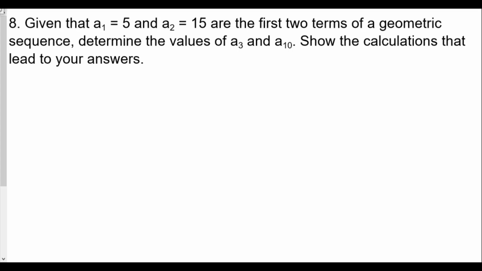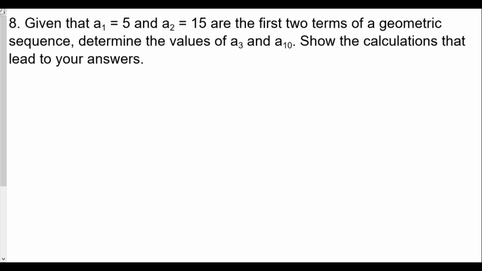So for number 8, given that A1 is 5 and A2 is 15 are the first two terms of a geometric sequence, determine the values of A3 and A10. Show the calculations that led to your answers. In this situation, what we need to do is to find our nth term.